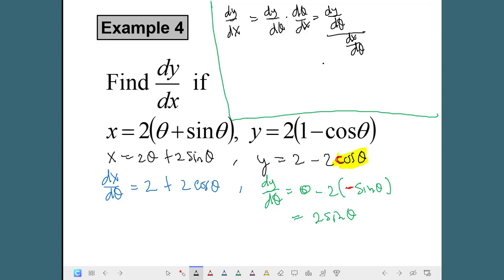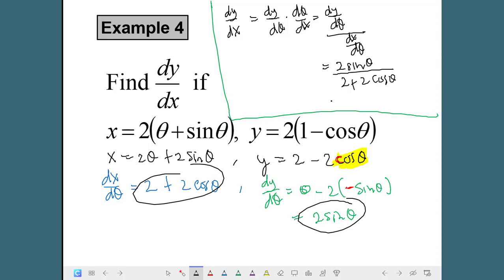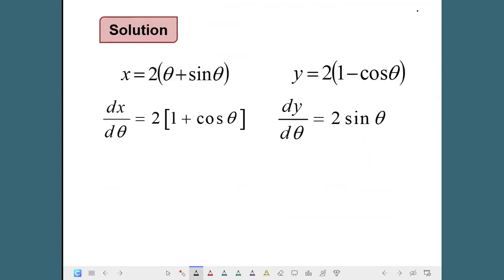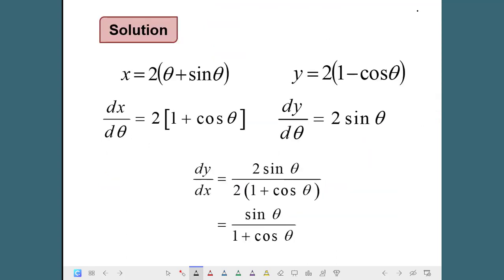So substitute. 2 sine theta, take this one, over dx/d theta, 2 plus 2 cos theta, and simplify: sine theta over 1 plus cos theta. Okay, so settle for this example. Chain rule and done.